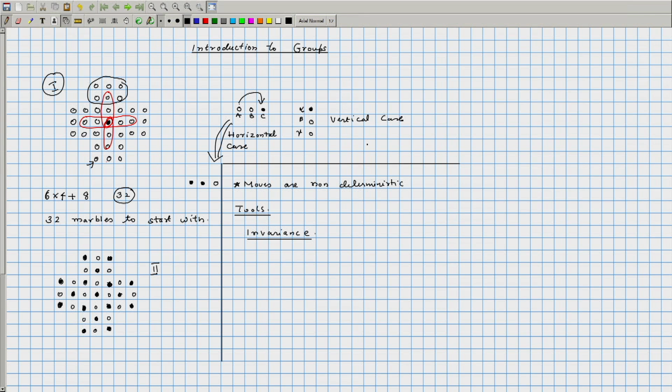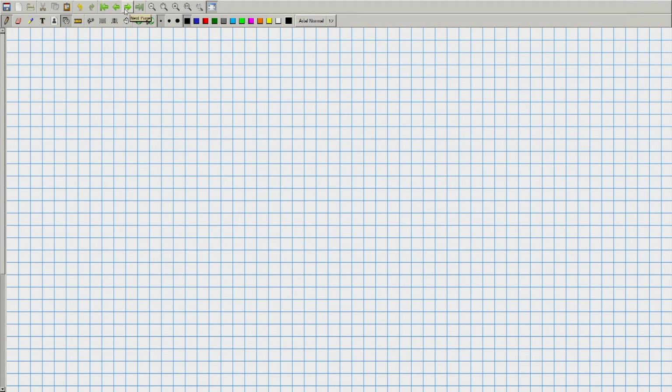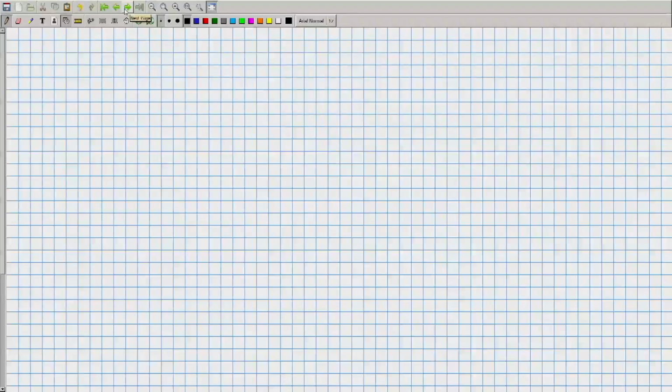And if we can argue that the configuration that we want to end up with does not have the invariant property, then we can say that look, that is a configuration that is unreachable. Okay. So, let us identify what is the invariant property here. So, in order to describe the invariance, what we will need is the idea of groups. We will not initially formulate it in terms of group theory, but we will explain it via simpler methods.